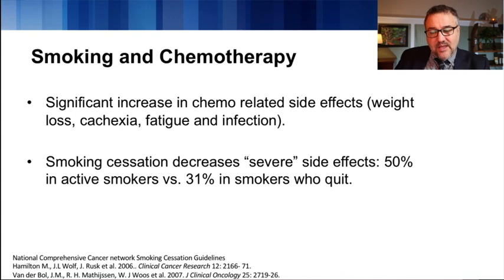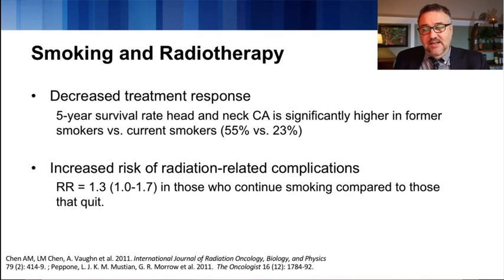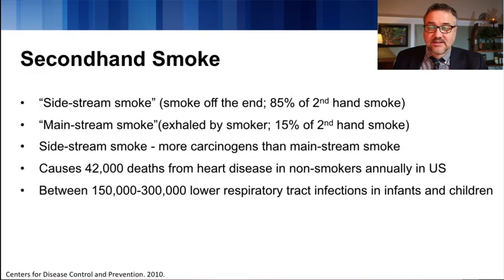If people quit smoking, that drops to about 31%. So these are dreaded side effects for people getting cancer, and if they quit smoking, then many people can avoid some of them. Radiotherapy is also more effective in people who quit smoking, and complications are less.